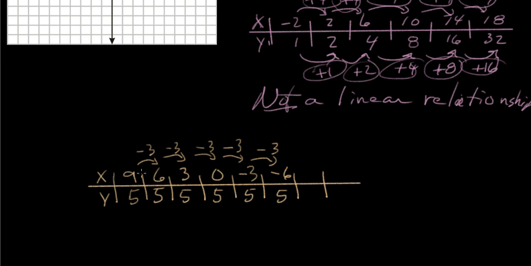So each time I go to the next step, I'm subtracting 3 to get to the next number, okay? On the bottom here, though, look, I'm adding 0. And so on, okay? I'm adding 0 each time because it's 5 all the way across. I'm not adding and subtracting anything.